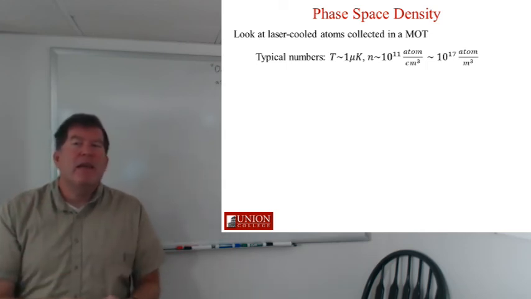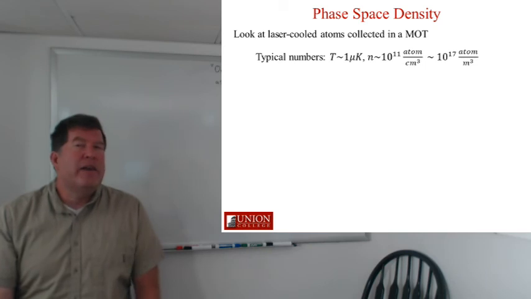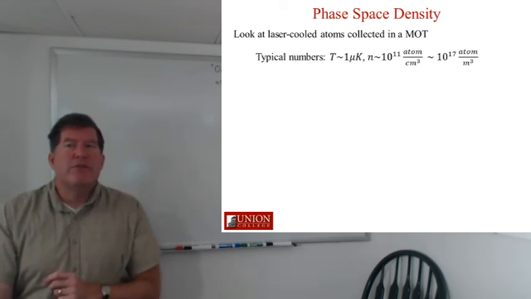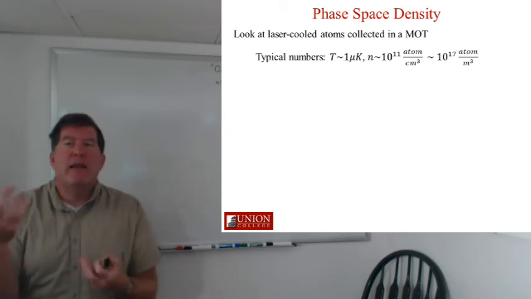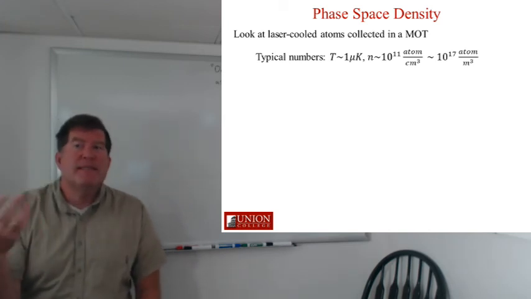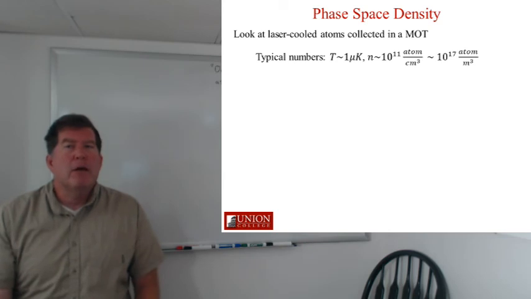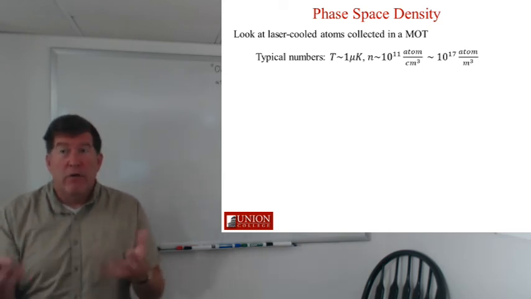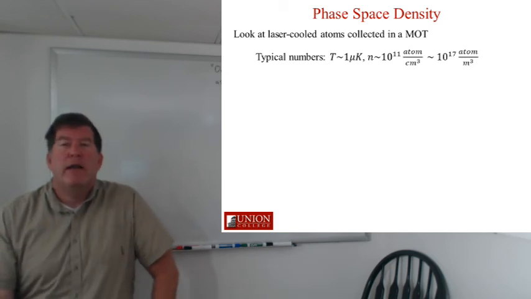And we can have a density of about 10 to the 11 atoms per cubic centimeter. Those are the units that atomic physicists usually talk about. You put that in SI units, that's about 10 to the 17 atoms per cubic meter. That's millions of times less dense than air, right? So very, very dilute.